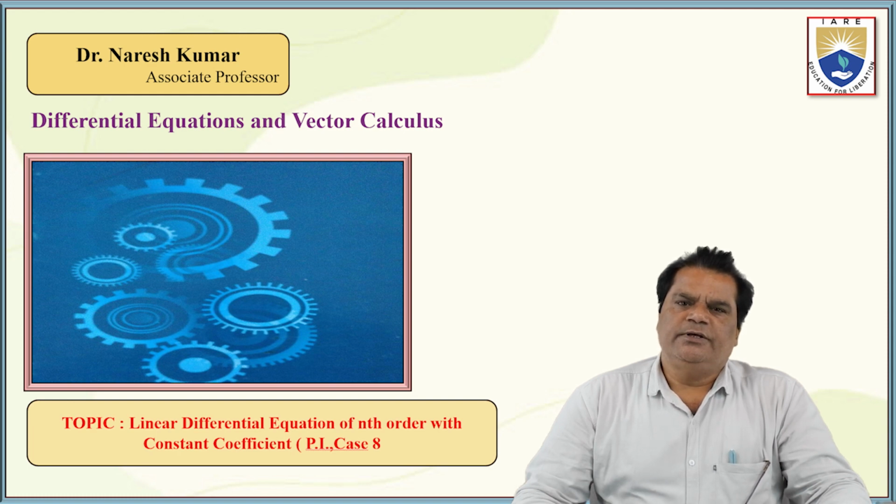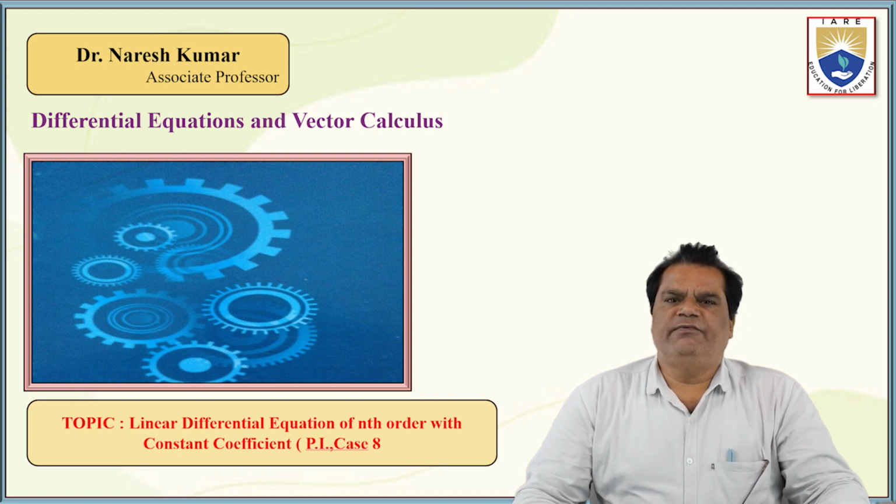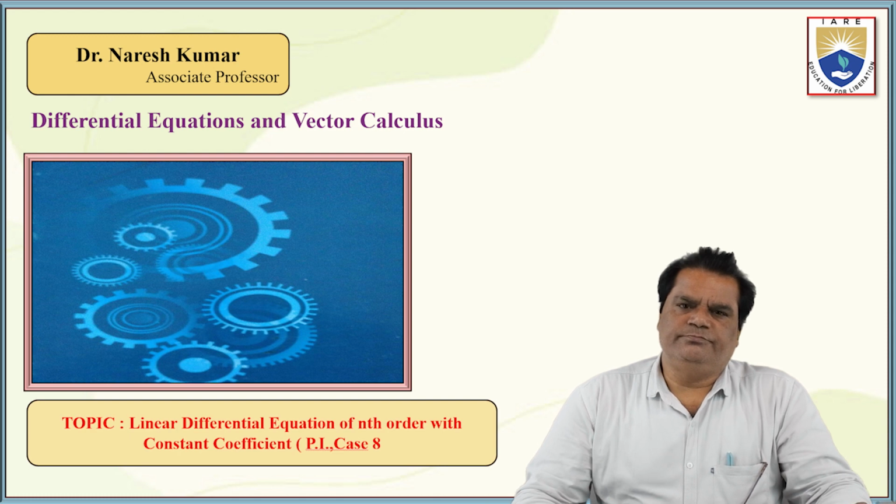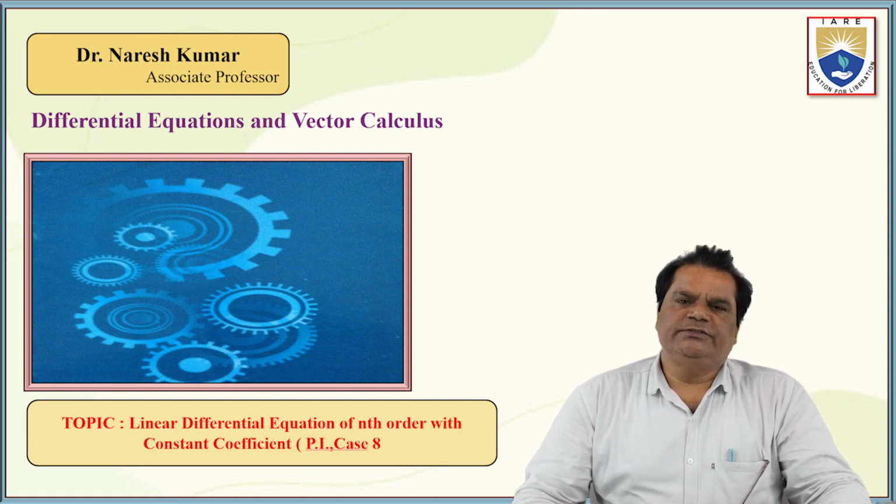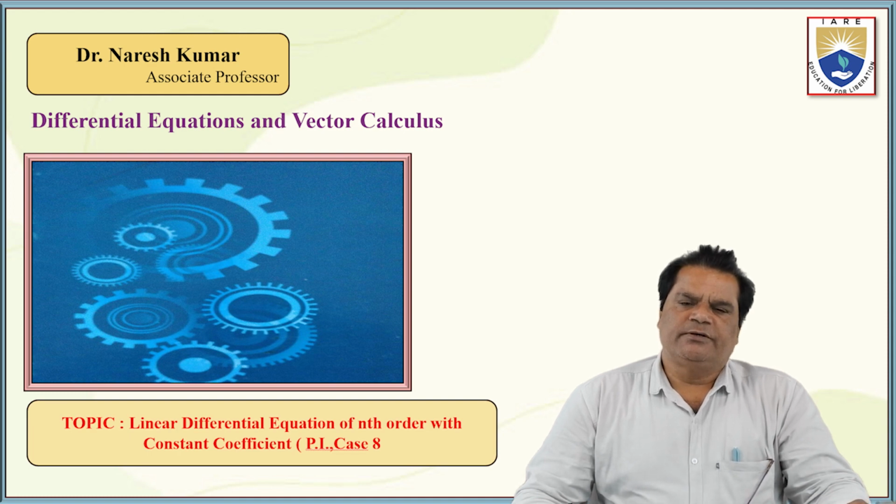Because in this case, the value of Q, which is the function of x, is present on the right hand side of the given differential equation. The important point is that in Q there are three functions involved.